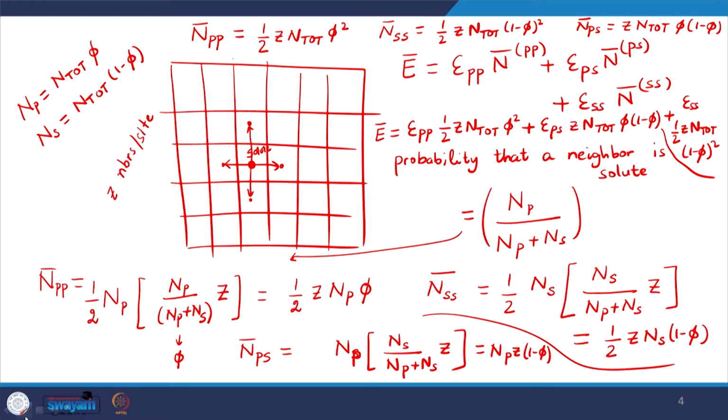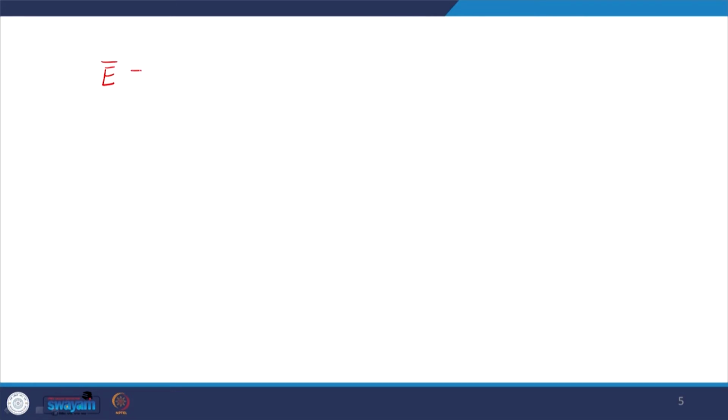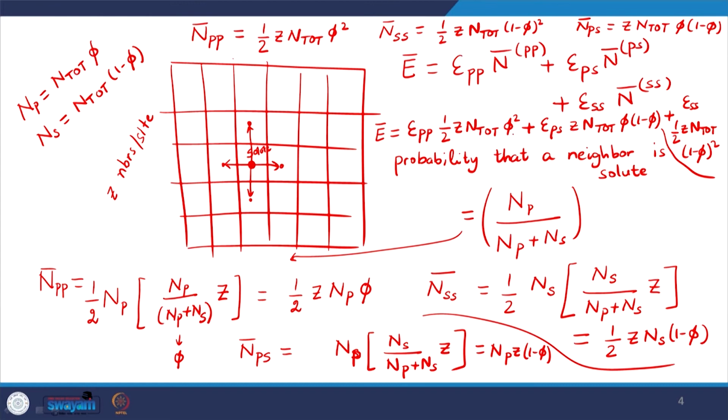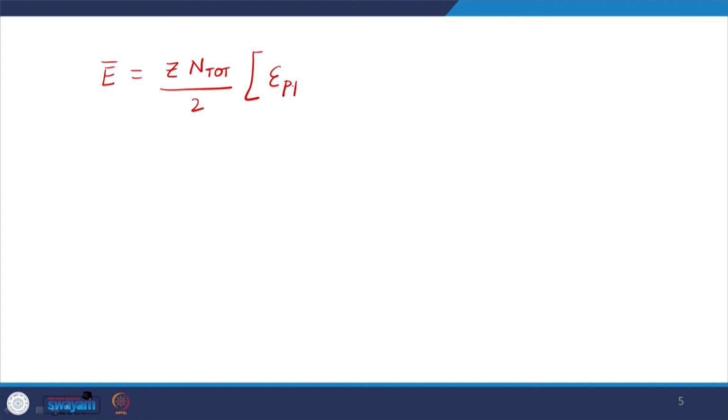So, with this now I can take the Z N tot by 2 common from there, and I can estimate my average energy as Z N tot by 2 multiplied with epsilon Pp phi square plus epsilon Ss 1 minus phi square plus twice of epsilon Ps phi multiplied with 1 minus phi.